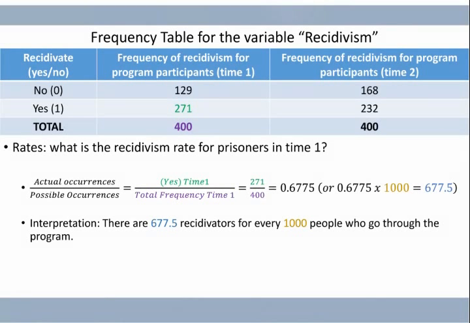This is telling us that there are 677.5 recidivators for every 1,000 people who go through the program, right? So for every 1,000 people that come through this program, 677.5 of them are likely to recidivate. So in a general sense, if this were a real program, this is telling us this program may not be ultra effective, because we still have a vast majority of people coming back into prison after being part of this program.